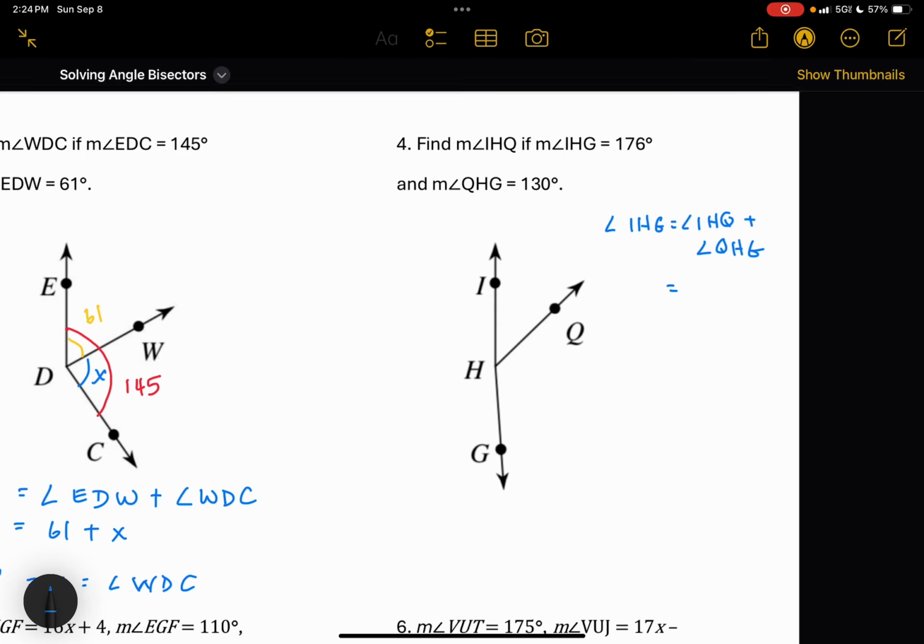If I know that IHG is 176, and we don't know IHQ, but we're going to add to that 130. So same idea, if the 130 is positive, to move it away from X, I need to make it negative, so minus 130 is going to give me 40 for angle X, which is also going to be angle I.